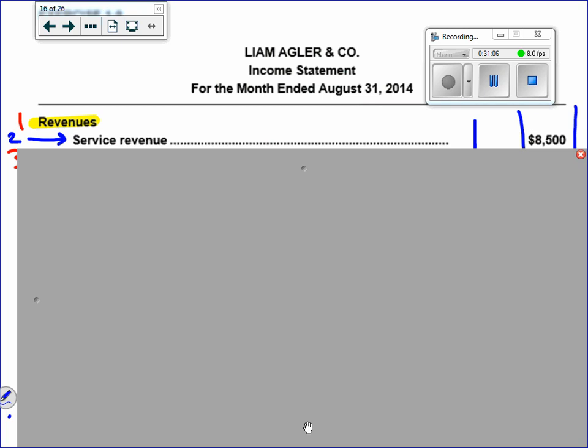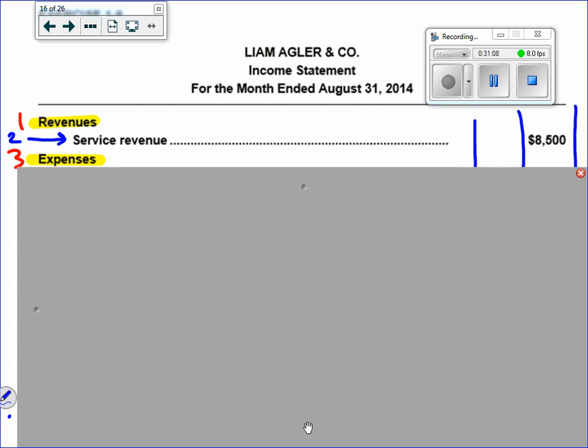Okay. On line 3, we've said expenses. Notice nothing is going here, and don't do this in your notes, but look at nothing is going here. What we've highlighted are more headings. How many times did we pay expenses? 3. Do you see above where it says the expenses were $650 for rent, $4,800 for salaries, $500 for utilities?